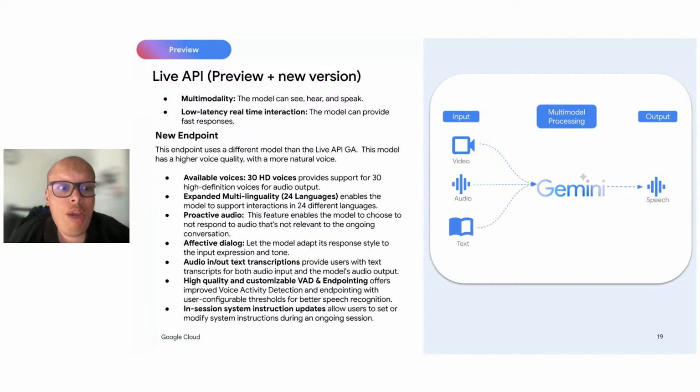You can, by the way, update the instructions of the session by providing in-session system instruction updates, to allow the user to set or modify the style of how the Live API or the assistant is going to be helping the user.